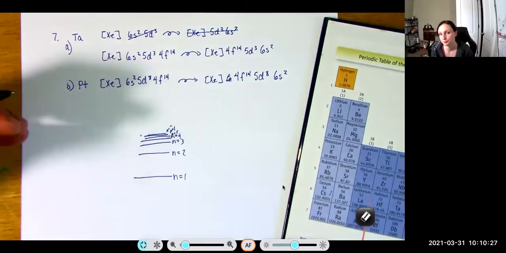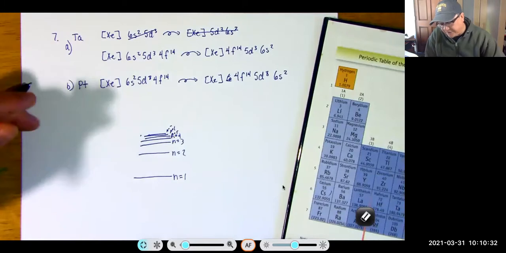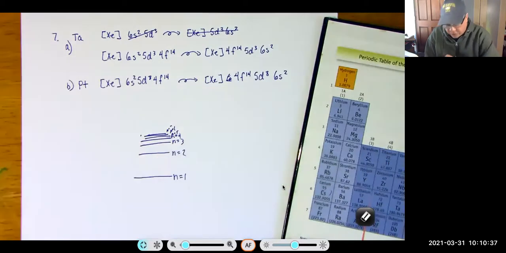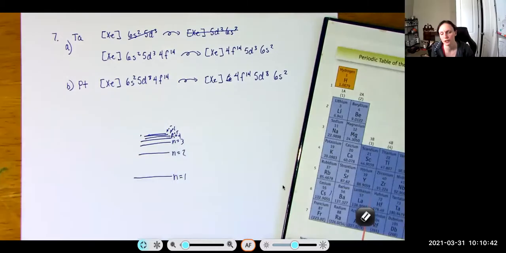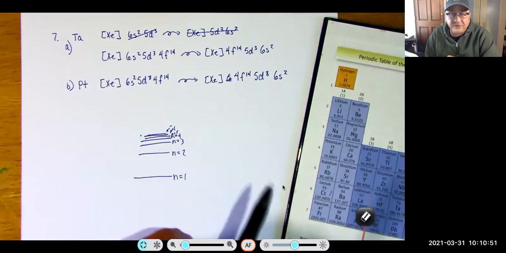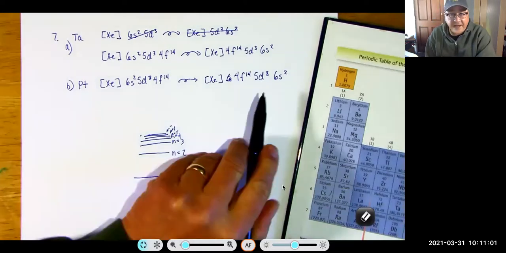So if they're close together for high n, what does that mean about the energies of a 5d versus a 6s? When you look at the difference between a 5 and a 6 here, the change of energy is not that great. So it's not very unusual for an electron to be in a different subshell than you expect it to be, because those subshells are very, very similar in energy. So this is what I would expect for the exam.